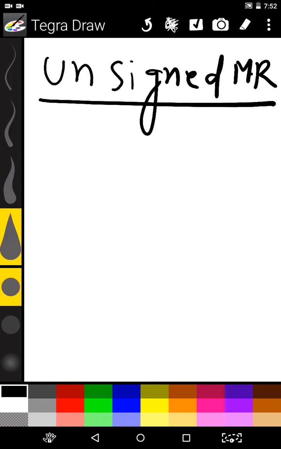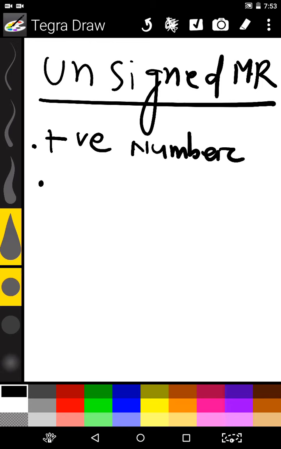So there is no requirement of a sign bit to express that number. The unsigned number is only used for representation of positive numbers. So there is no requirement of a sign bit.